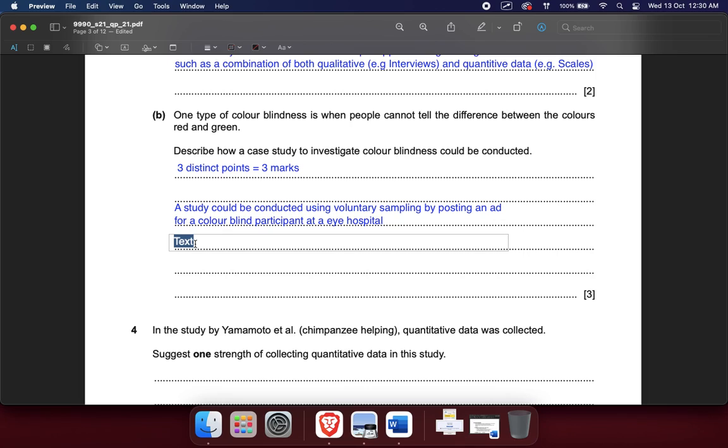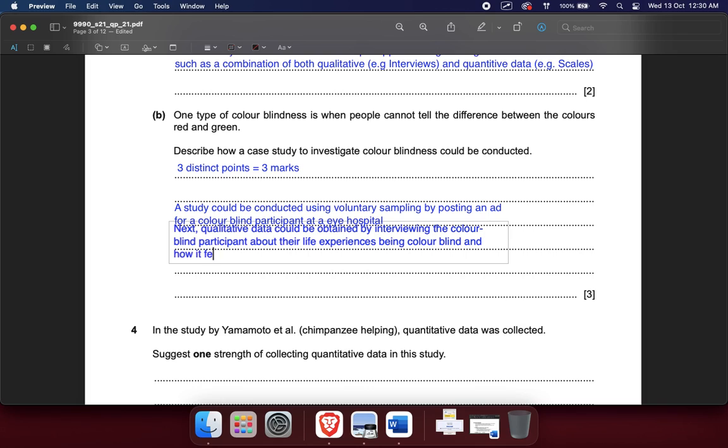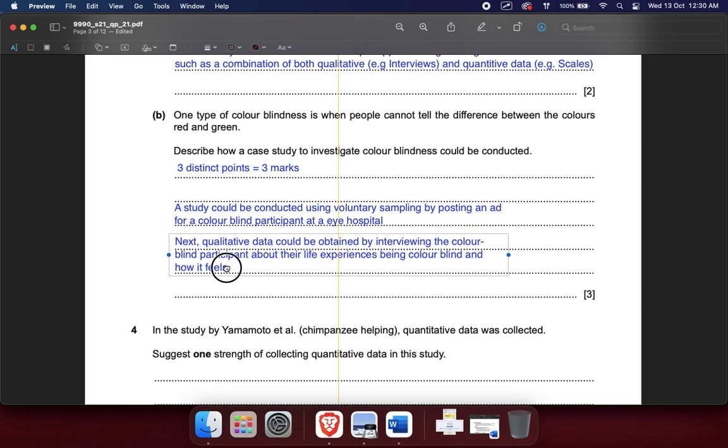Next, qualitative data could be obtained by interviewing the colorblind participant about their life experiences being colorblind and how it feels. Something along those lines, right? So you want to show the examiner that you get it. One person, and you're doing some in-depth interviewing.